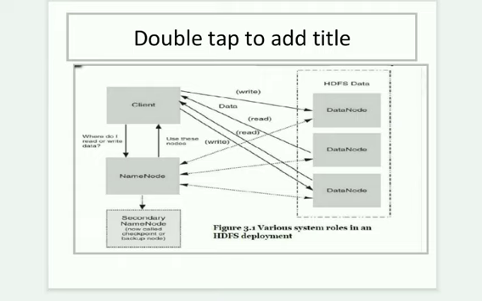As you can see in the next slide, there are multiple data nodes here. There are 3 data nodes, a client node, a name node, and a secondary name node. Now suppose a client wants to write data, that means you want to store some data in HDFS.